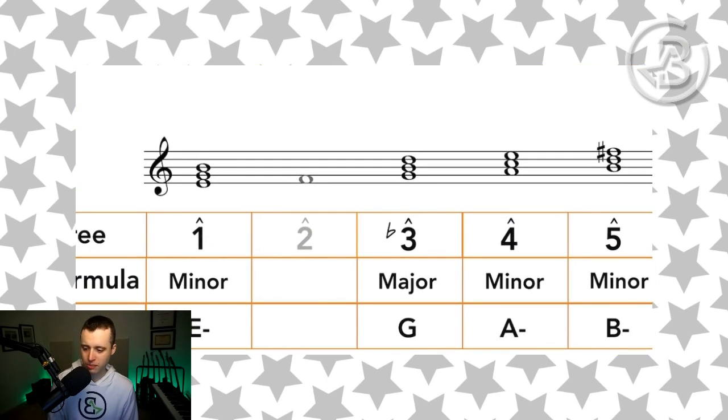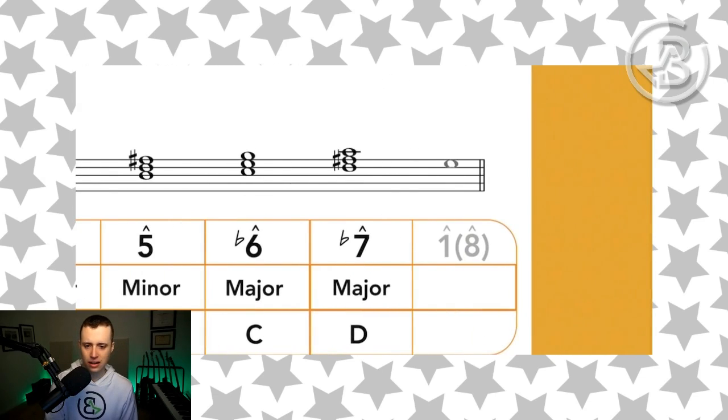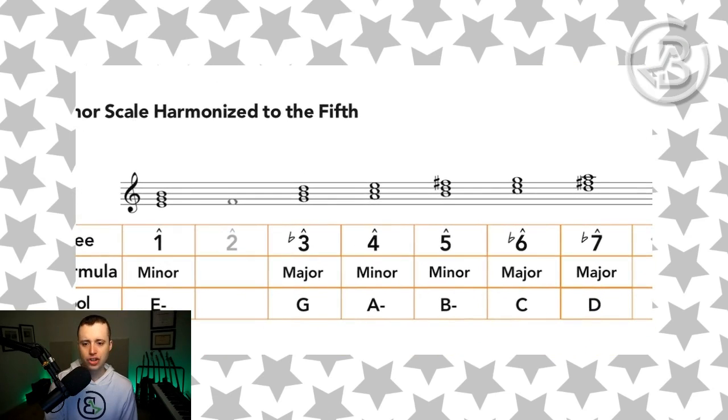We have E, we're skipping F sharp, then going to G, A, B, C, D, and then E. And then just like with the G major scale, we have an F sharp in the E natural minor scale. So all the Fs are going to be sharps. Even though we're not building a triad on scale degree 2, that F sharp, all the other Fs that appear in the triads will also be sharp.